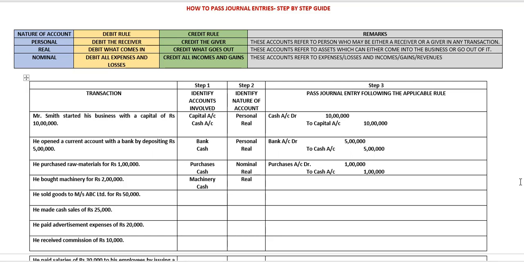and cash is also a real account. So in this transaction, an asset is coming into the business and another asset is going out of the business. The asset coming into the business will be debited, which is machinery account, with the amount given in the transaction, and the asset going out of the business, which is cash in this case, will be credited.